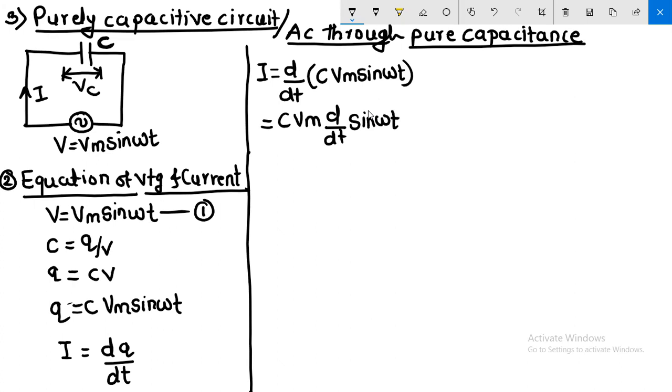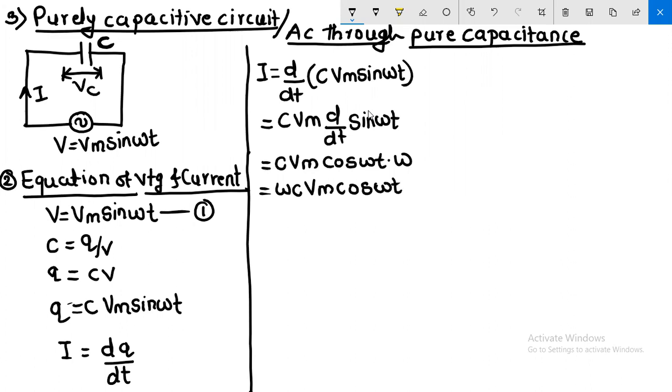What is the derivative of sine omega t? Cos omega t, but this derivative is with respect to t, so it becomes omega cos omega t. So I equal to C into Vm into cos of omega t into omega. I will take omega C together: I equal to omega C Vm cos of omega t.